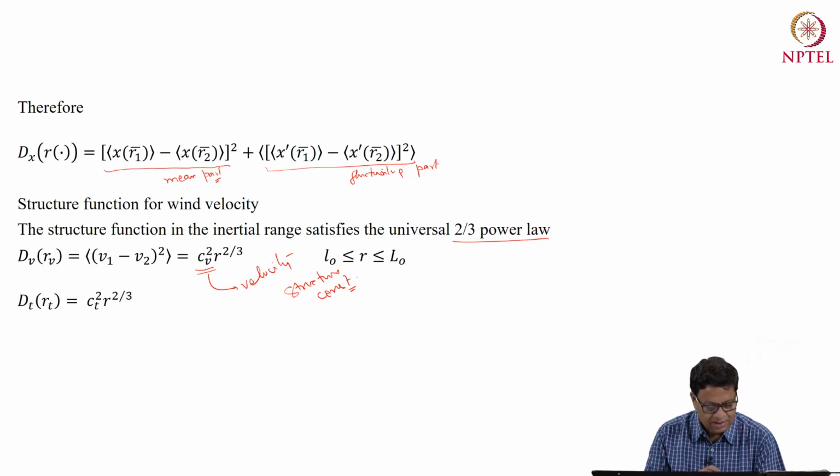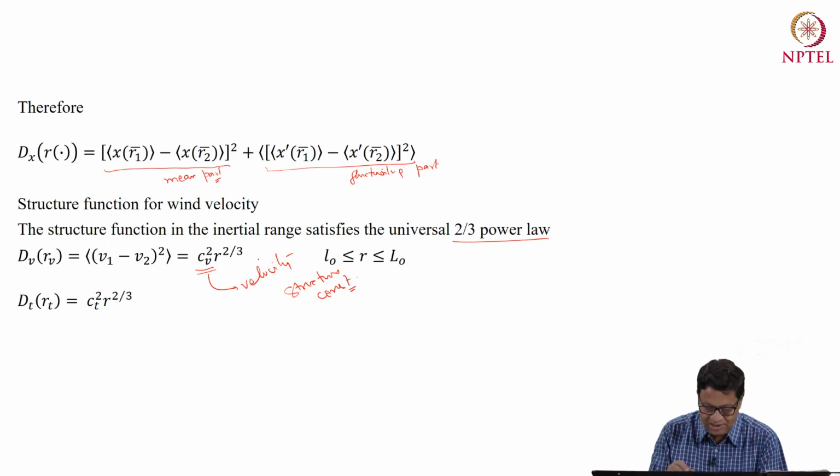Similarly, this can be done for temperature, where DT(r) is equal to Ct square, where Ct square is the temperature structure constant, into r raised to the power 2/3. So this is the variation of temperature at 2 points defined by r1 and r2 vectors.